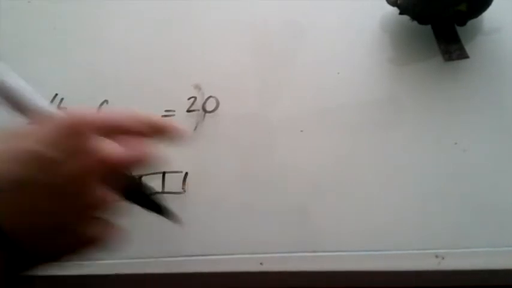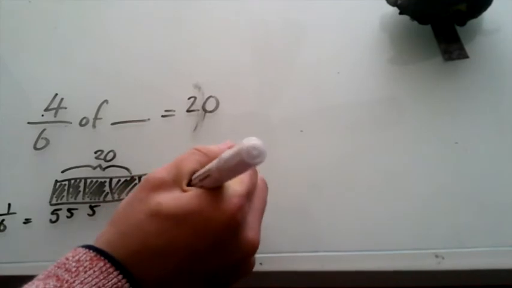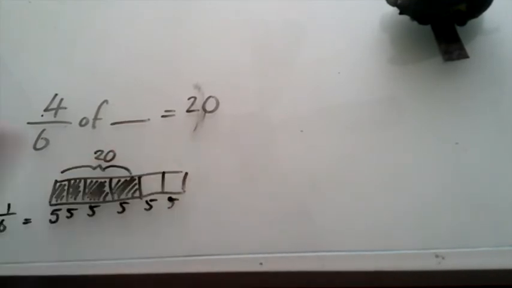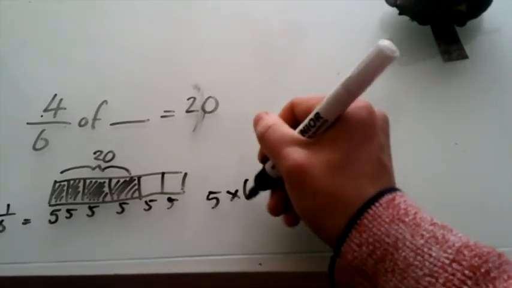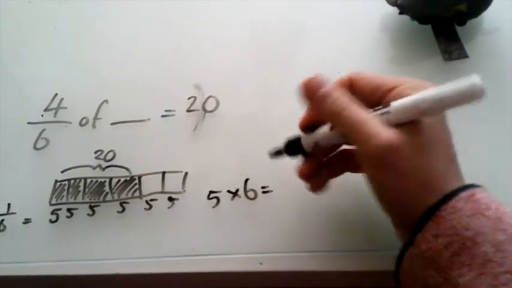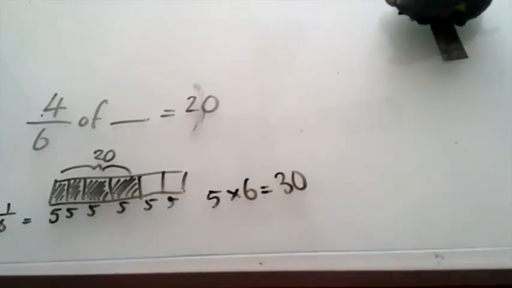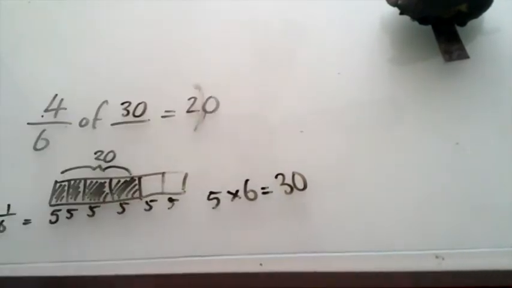So to work out what the whole is, we're either doing 5, add 5, add 5, add 5, add 5, add 5, or, because we're in year 6, we know that means 5 times by 6. 5 times by the denominator. So 5 times 6 is 30. So our answer would be 30.